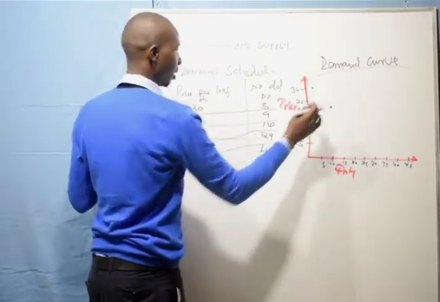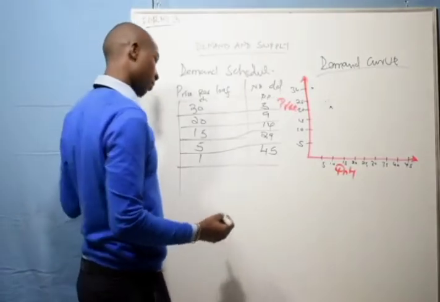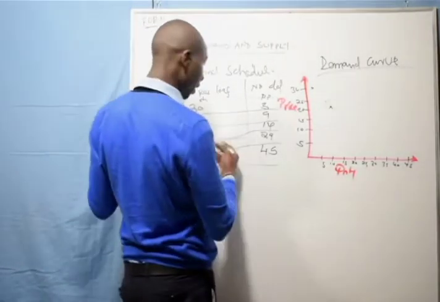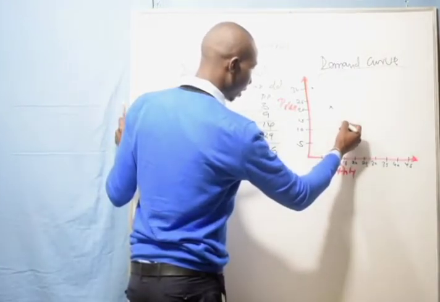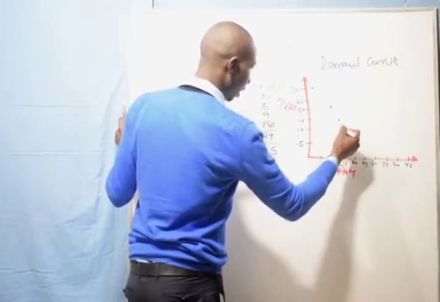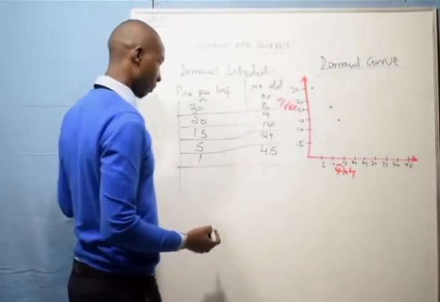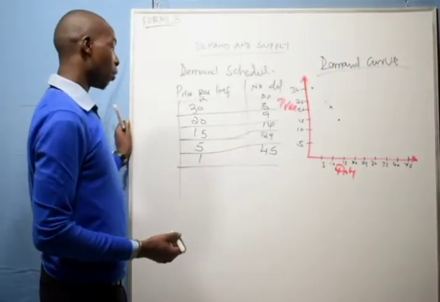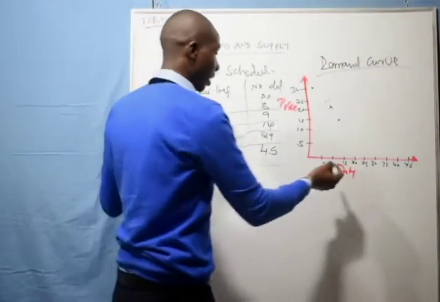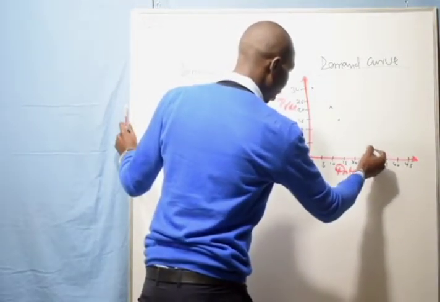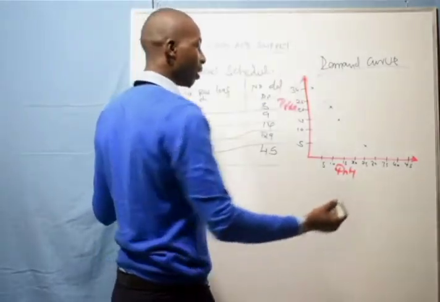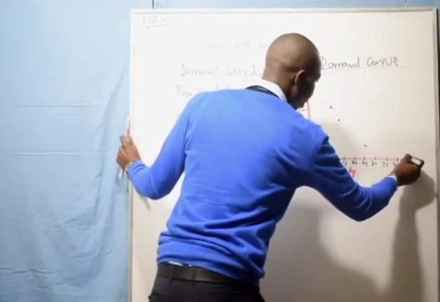And then 15, 14. 15 here, we have 14 here, so it is somewhere here. And what about 5? 5, 29 people now wanted the bread. So 5, we go to 29. 29 is somewhere here. And what about 1? Everybody wanted it over there.